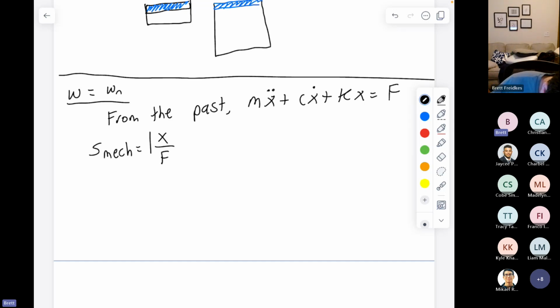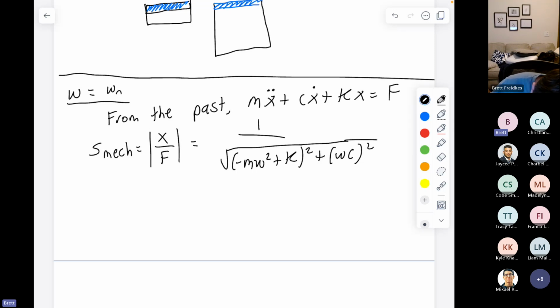And we ended up getting that the magnitude of this was 1 over the square root of negative m omega squared plus k squared plus omega c squared. Does this look familiar? It should look familiar, hopefully. Yes. Okay.